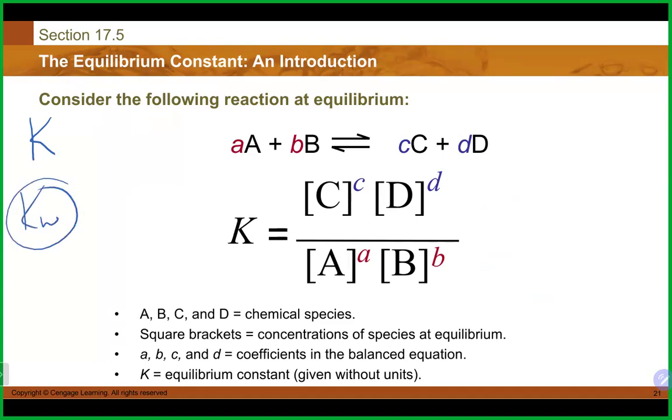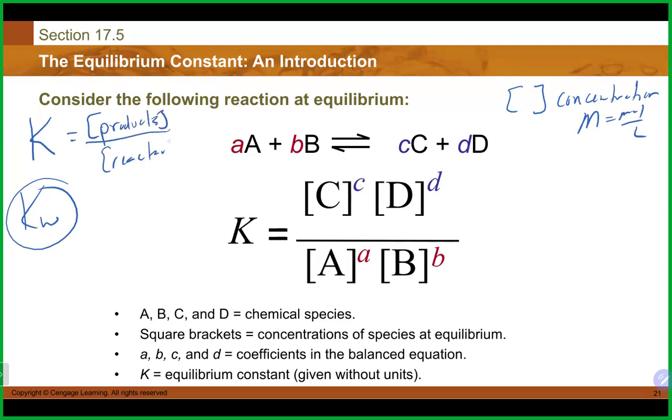An equilibrium constant is found by taking the concentration, typically molarity, of your products divided by your reactants. You do need to take into account the coefficients. They become the exponents here.